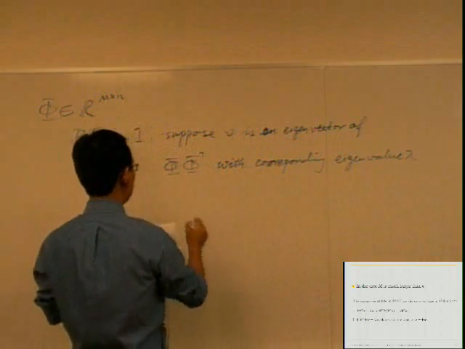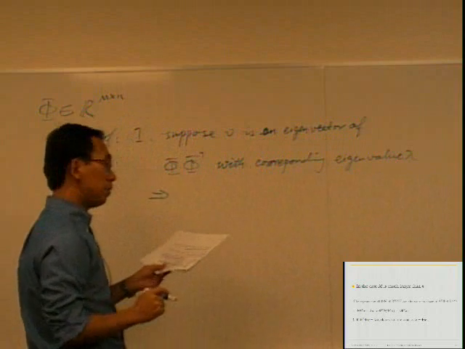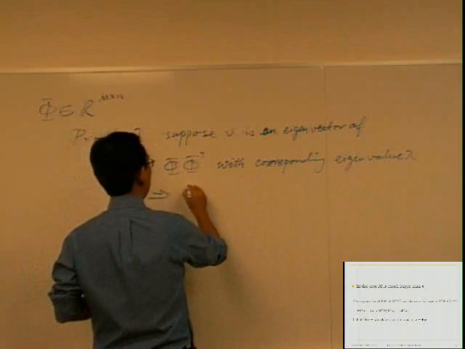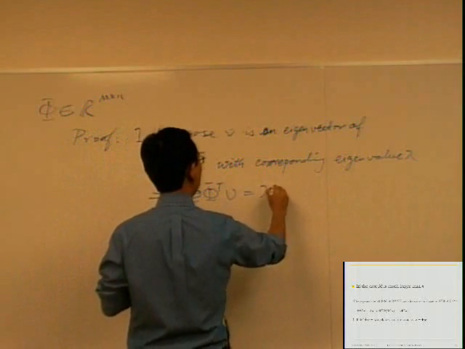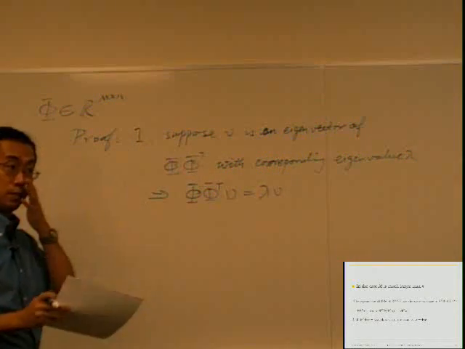In this case, it means nothing but phi phi transpose v equals lambda v, right?